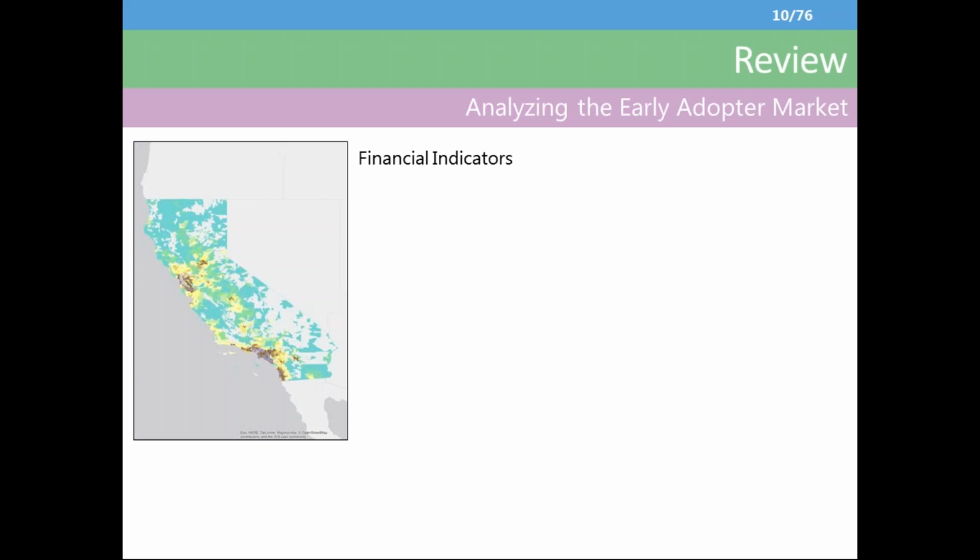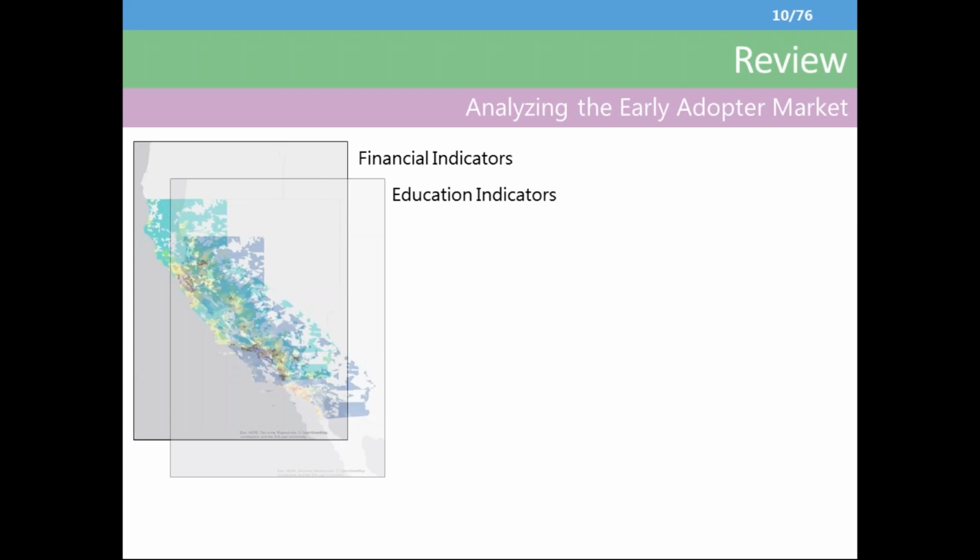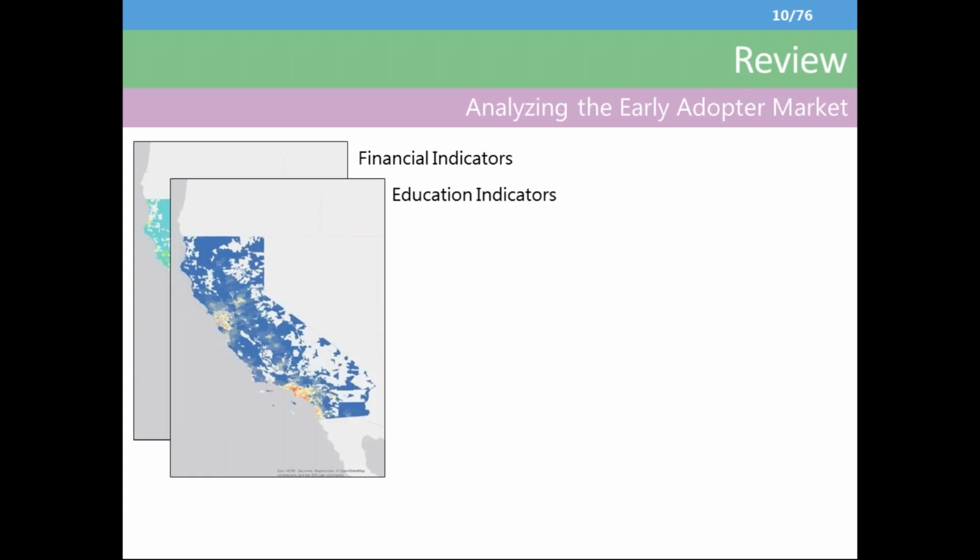So the first are financial indicators. These include income, MSRP of vehicles sold, and luxury vehicle brand adoption in various parts of the state.